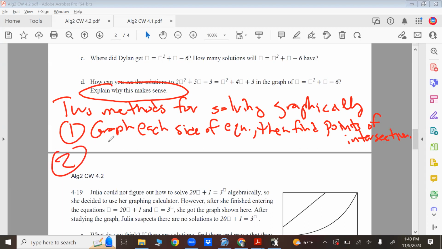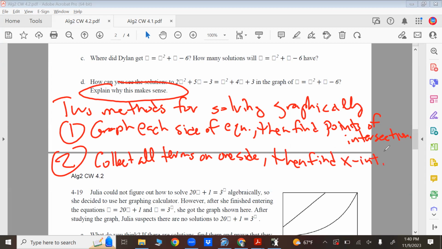Or two, collect all terms on one side, then find the x-intercepts.